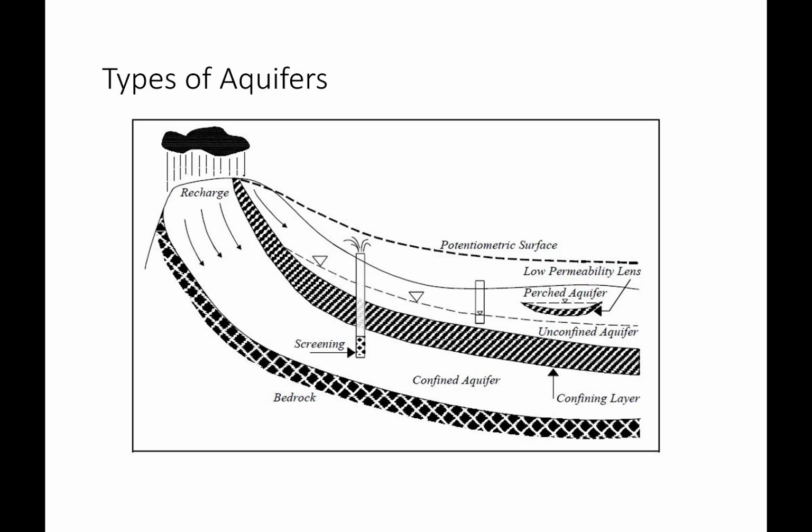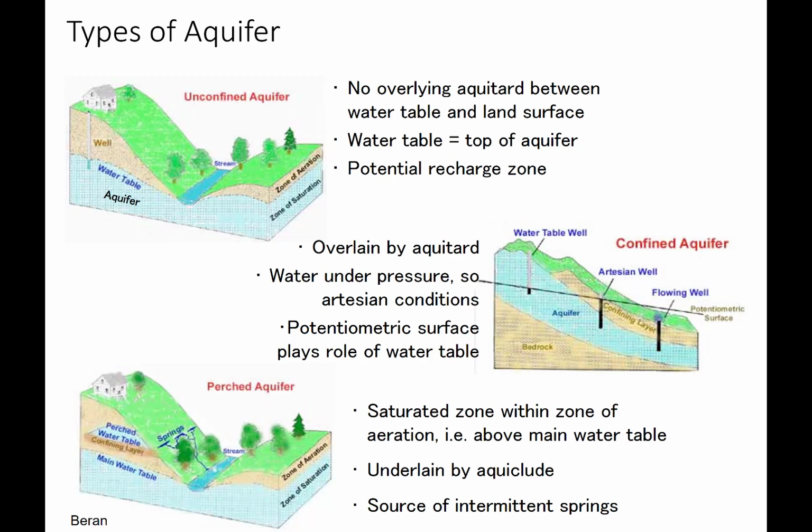So what are the different types of aquifers, and why is it important to understand that? Well, first off, the different types. The type that we probably most think about are unconfined aquifers. So you have no overlying layer that is not holding the water in, an aquitard.